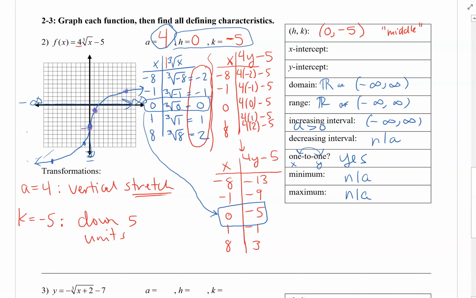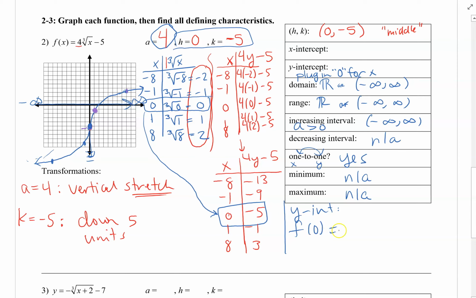Then for the y-intercept, this is what we do to find it: we plug in 0 for x. I really hope you write that on your outline, because that's what you do whenever you're trying to find a y-intercept that isn't obvious. I do realize that this one is obvious. It's -5. But I want to show you how to find it. So you plug in 0 for x.